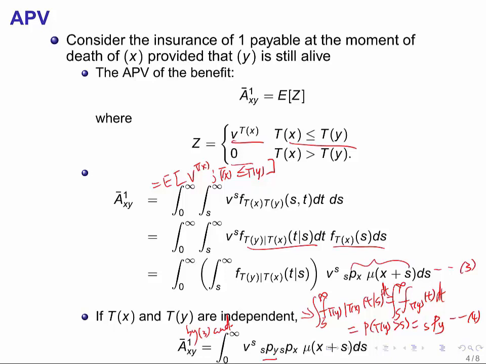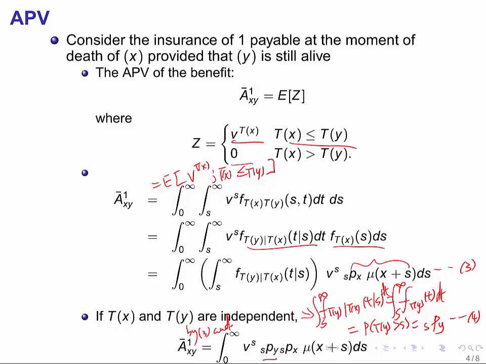So that's survival probability times force, which is the density. So the two p terms plus the mu term together represent the likelihood that there's a payment at time s, and then this times the present value gives us the EPV of the cash flow at time s. And because we are considering all the times s from 0 to infinity, we need to add all these terms together. That gives us the formula. That's another way to verify and derive the formula.